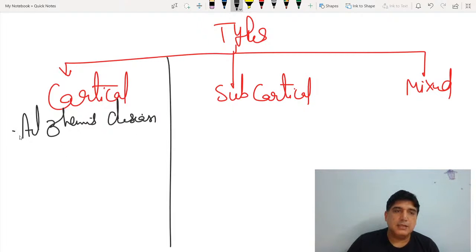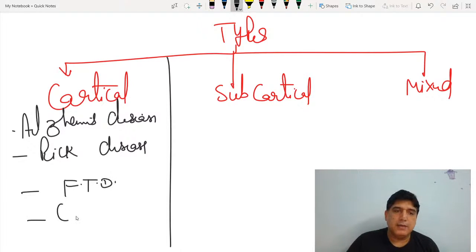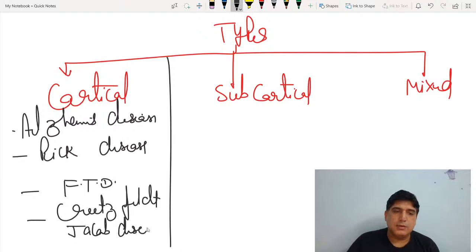So Alzheimer disease, we have Pick disease, and we have frontotemporal dementia, and we have Creutzfeldt-Jakob disease.